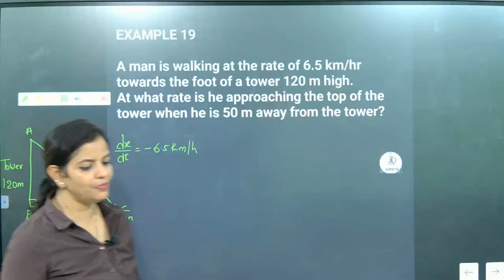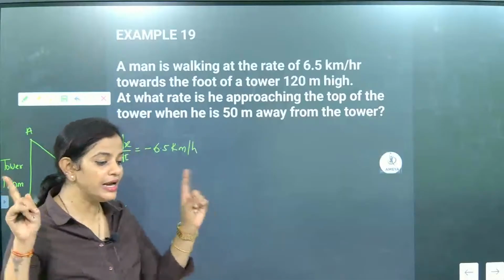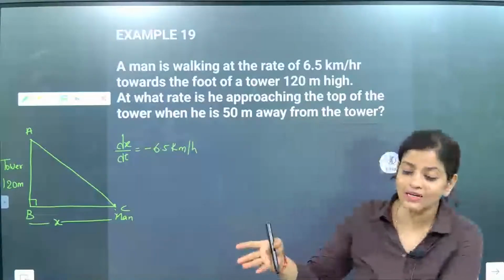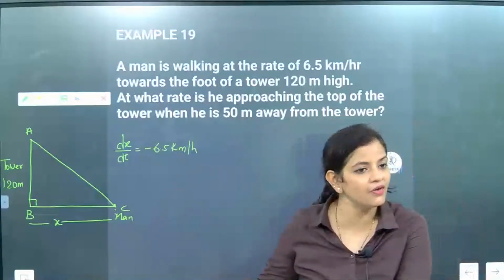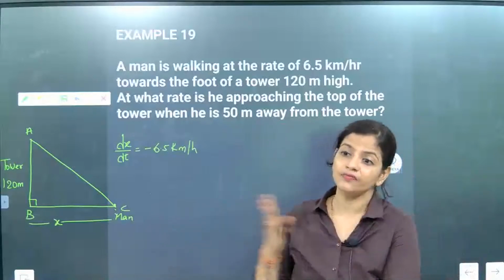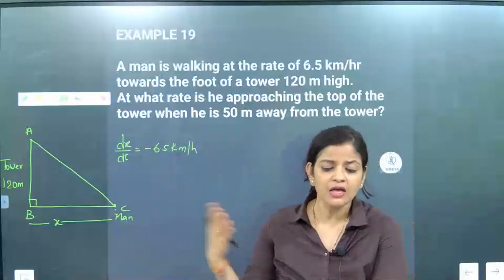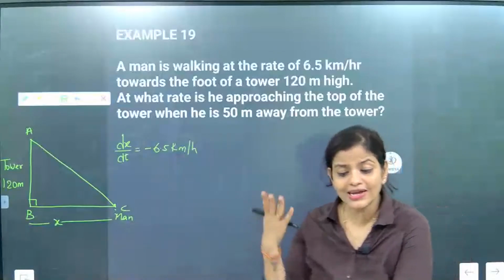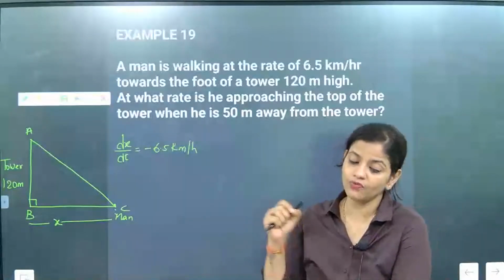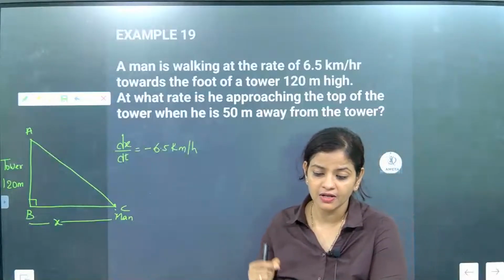Then your question will be, can we change kilometer per hour into meter per hour? You are not going to change anything. Trust me. Why? Because here you are only dealing with change, either increase or decrease. In physics, when you are solving, here you are only relating. Listen very carefully, beta.